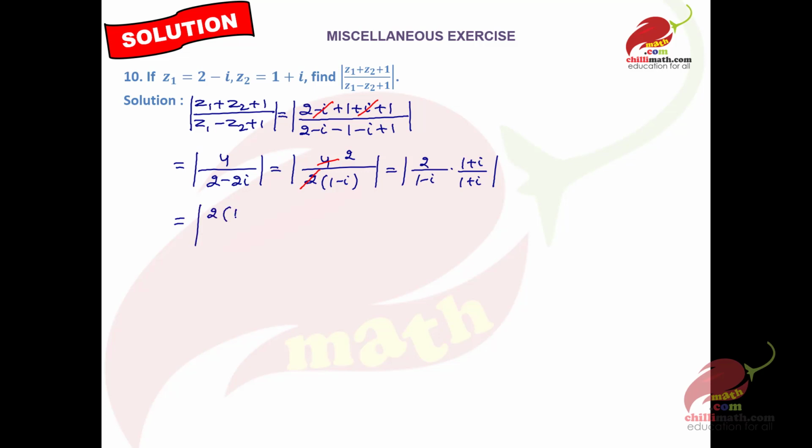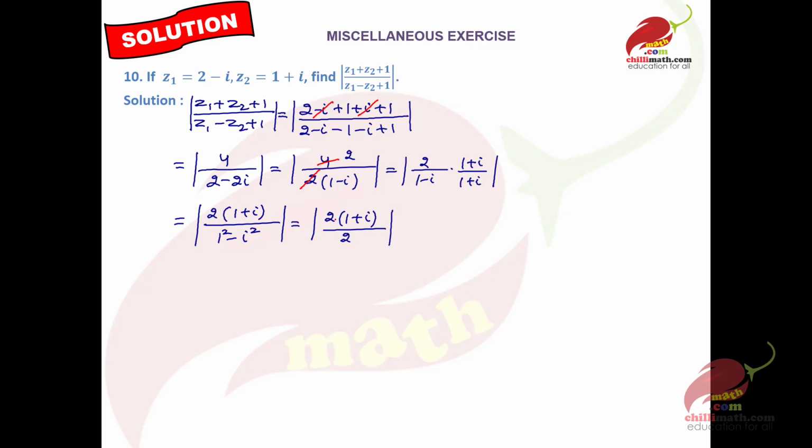On solving this, we get 2 into 1 plus iota over, this is a minus b into a plus b, that is a square minus b square, its modulus. This is equal to 2 into 1 plus iota over 1 minus of minus 1, that is 2.